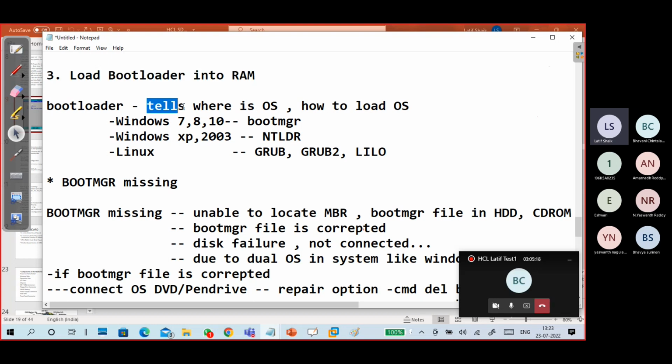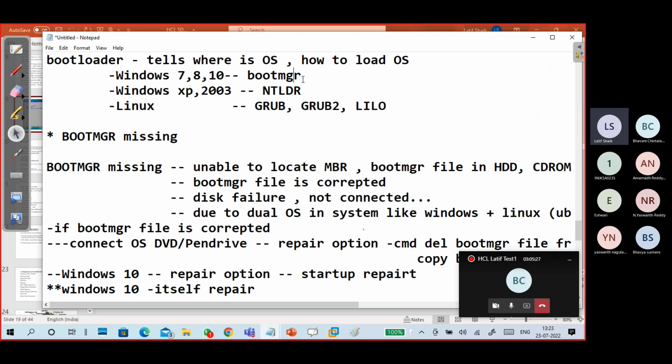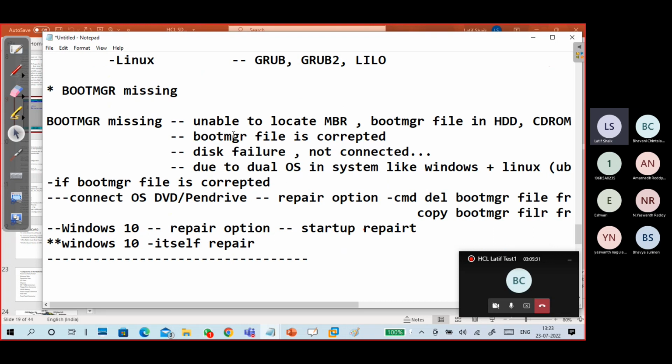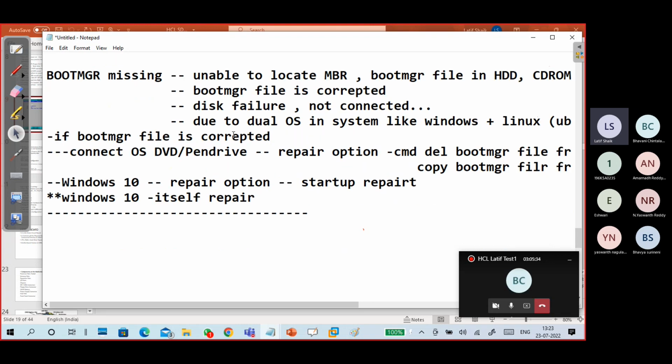Once it is loaded, it will tell where the OS is and how to load the OS. Different names of bootloaders are there, depending upon the OS. If in case you are getting bootloader missing, it's a problem of your bootable drives. Sometimes it is a corruption.